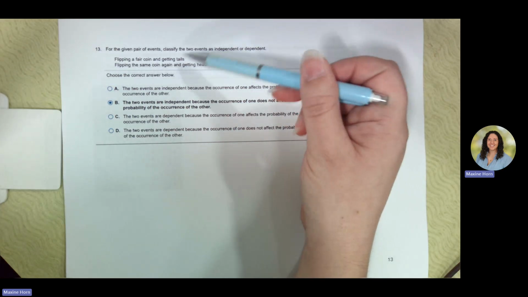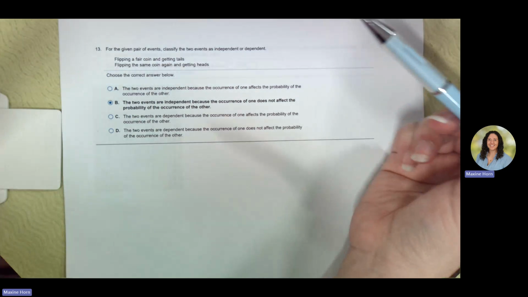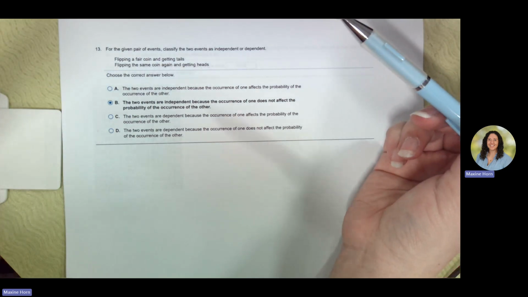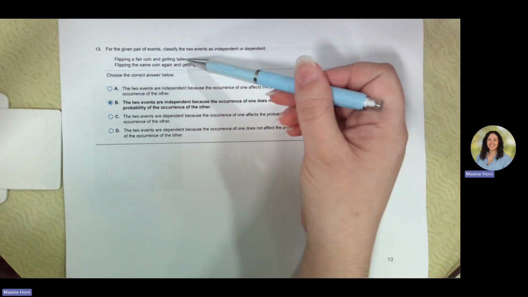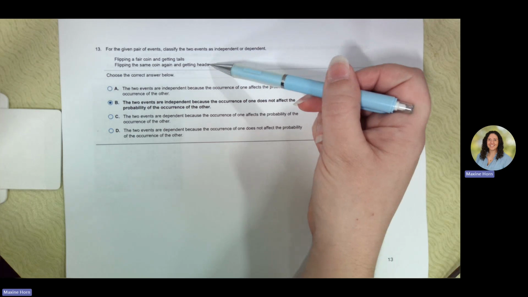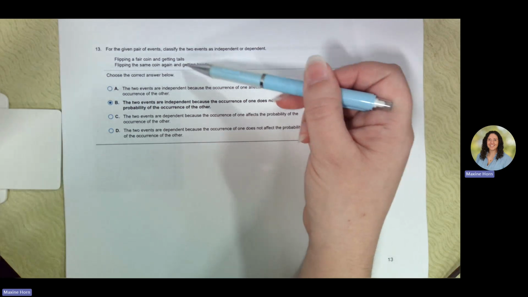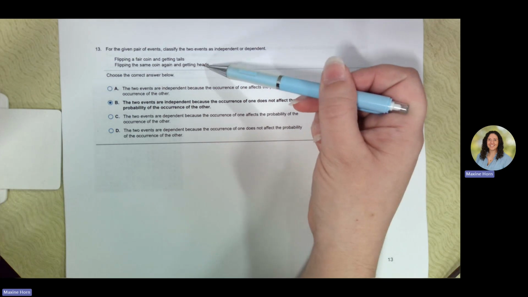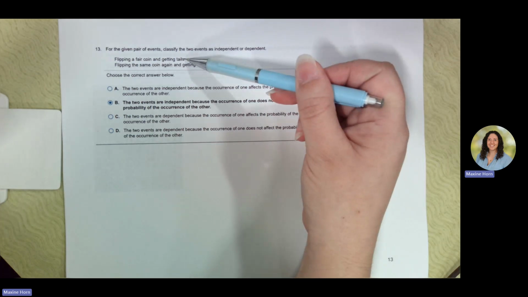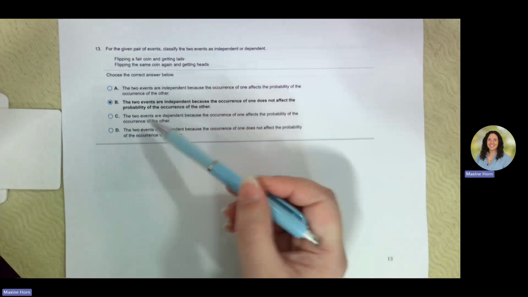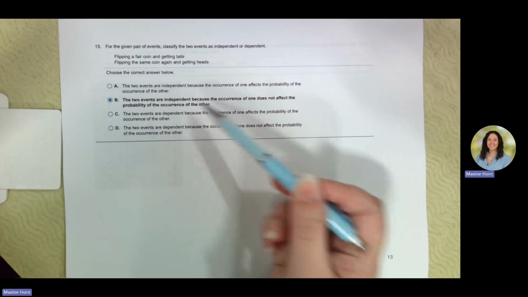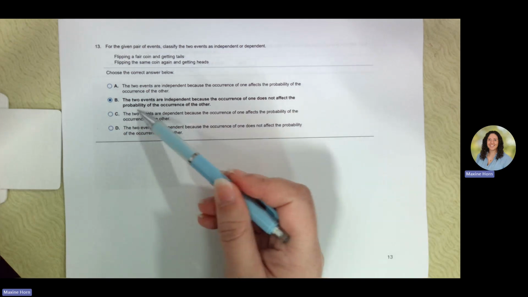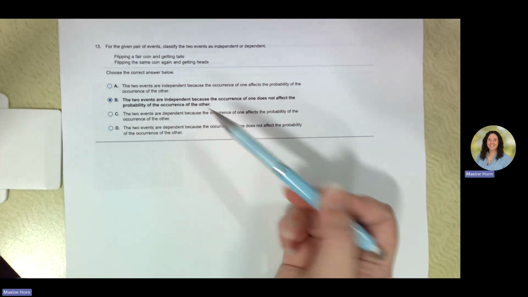Now, if you do that a million times, like I said, you're going to get closer and closer to having 50% of one and the other, but doing it once doesn't affect what happens the next time. This event is not dependent on that event. Okay, and that's why the two events are independent, because the occurrence of one does not affect the probability of the occurrence of the other.